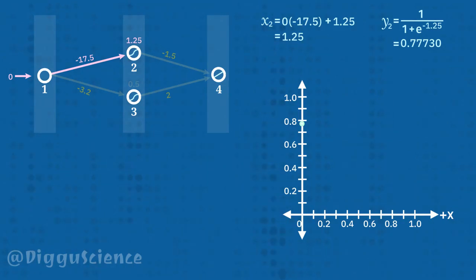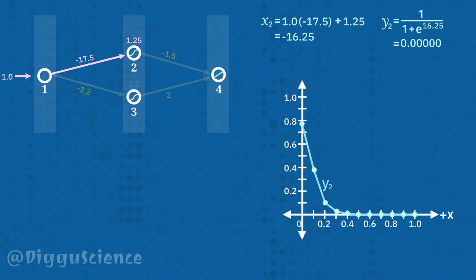In the same way, for x is equal to 0.1, for x is equal to 0.2, for x is equal to 0.3, and so on until x equals 1. We have got data from all inputs for node 2. Connect each point, a curve will be formed.